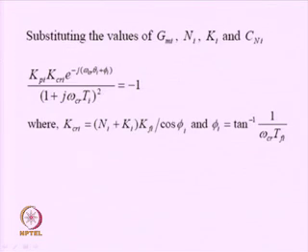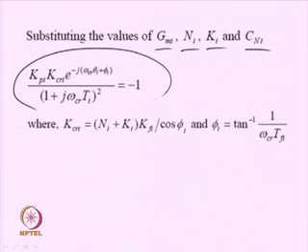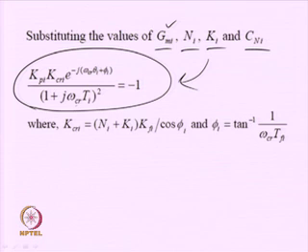Now, substituting the expressions we have for Gmi, Ni, Ki and Cni results in this expression: Kpi times Kcri e to the power minus j times (omega Cr i theta i plus phi i) upon (1 plus j omega Cr Ti) whole square is equal to -1.